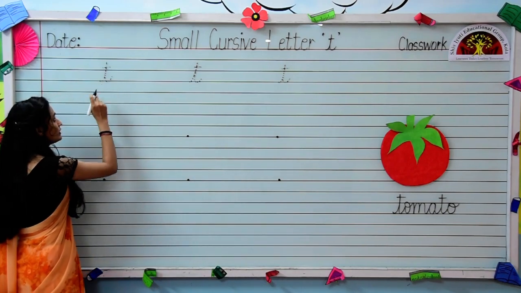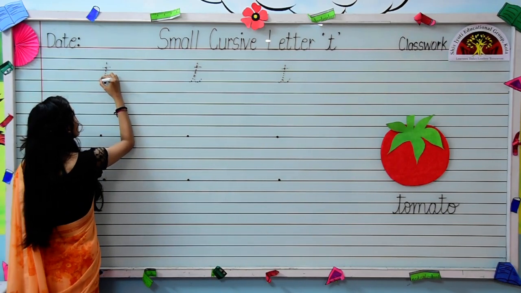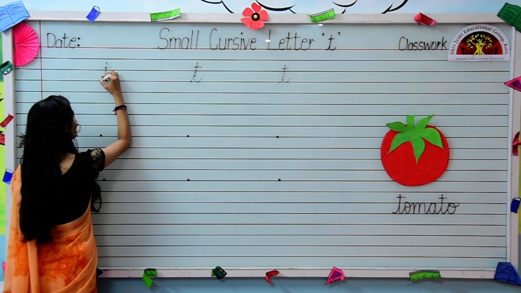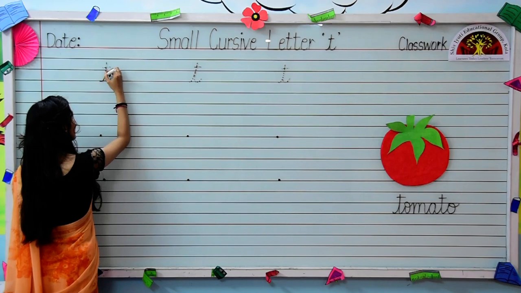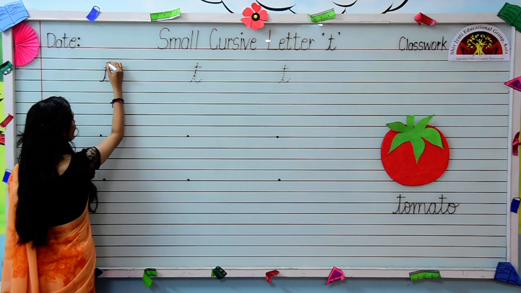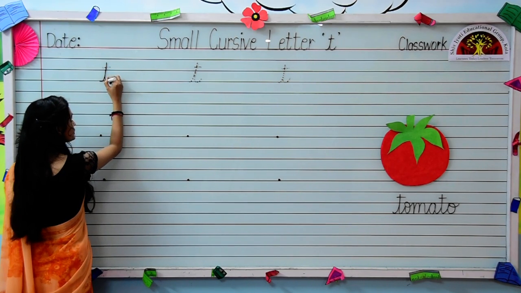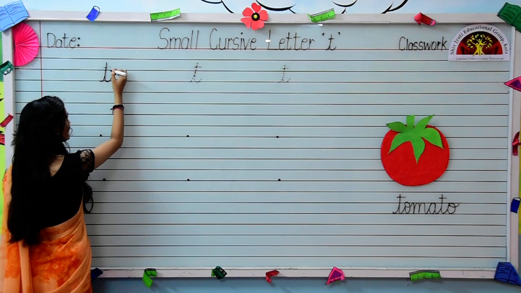Okay? So look over here. Be very careful, your pencil should not go out of the dots. From the third line, we will go up with a slanting line, but we will not touch the first line. Then we will come down, touch the third line and make a curve like this.